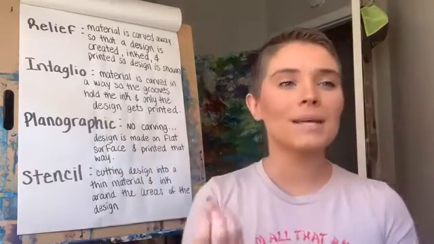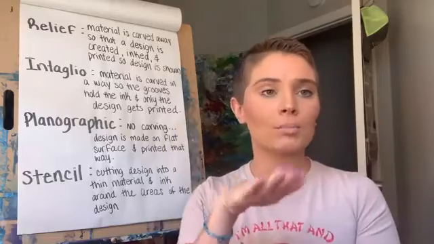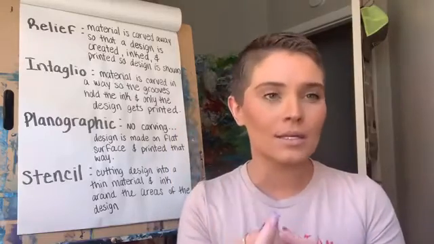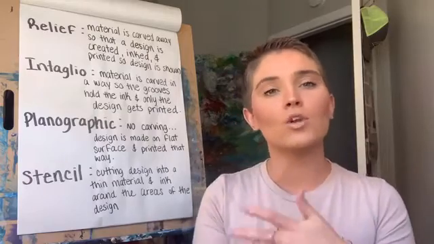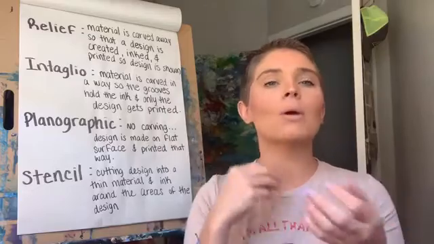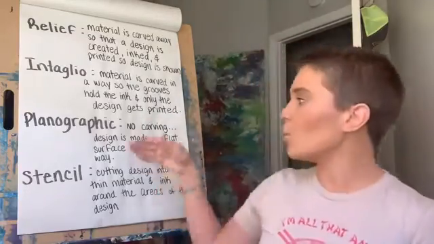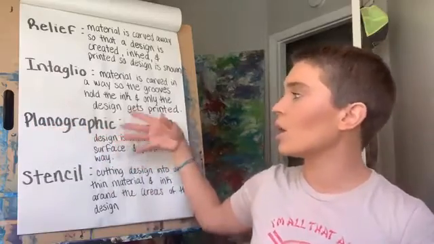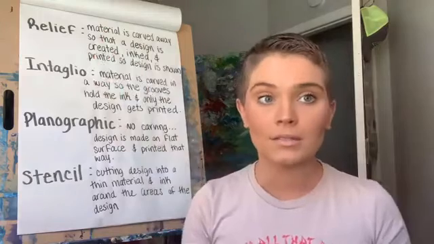It's more of a mix between chemicals because you're drawing on your plate with a waxy crayon or an oily crayon, and then when you put your water on top, it creates like a film. So you have more chemical reaction here instead of carving. Which is the biggest difference between our planographic prints and our Intaglio or our relief prints.